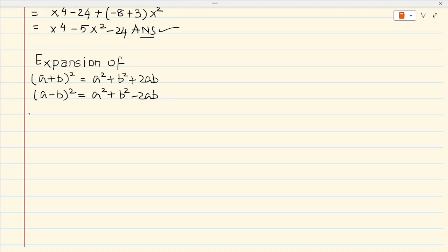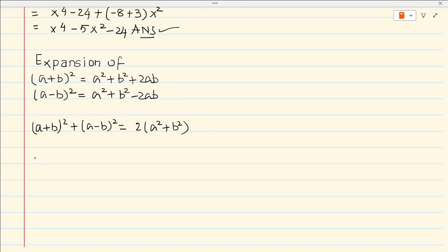Now if we add these two expressions, a plus b whole square and a minus b whole square, what we get? We get 2 times of a square plus b square. Correct?